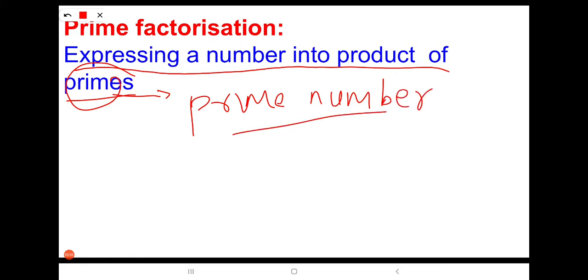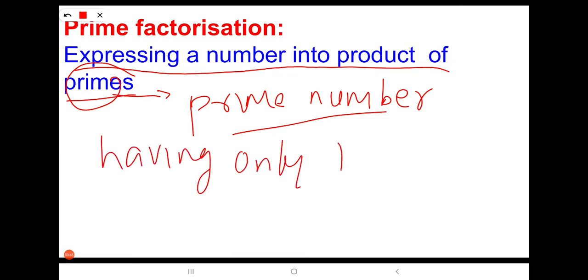The numbers which have only two factors are called prime numbers.